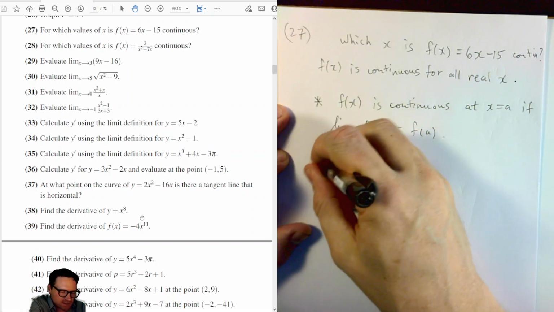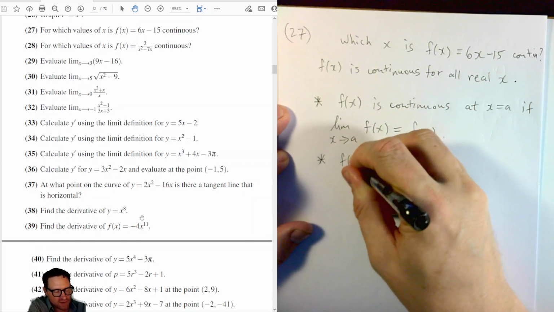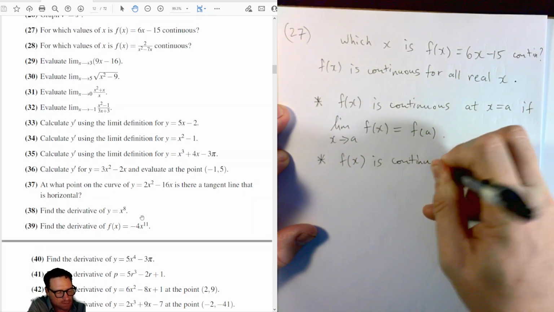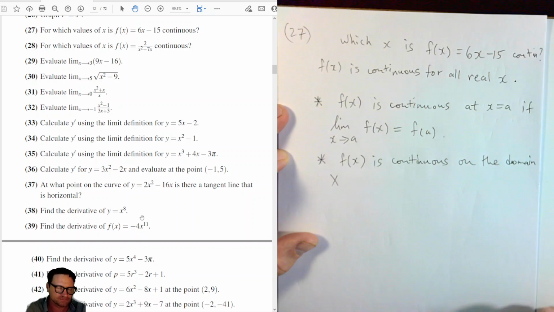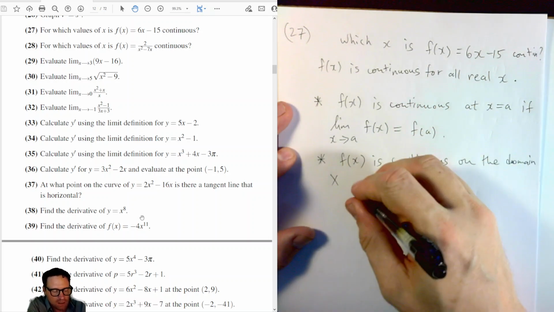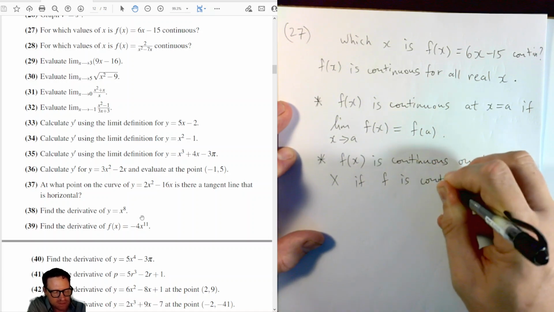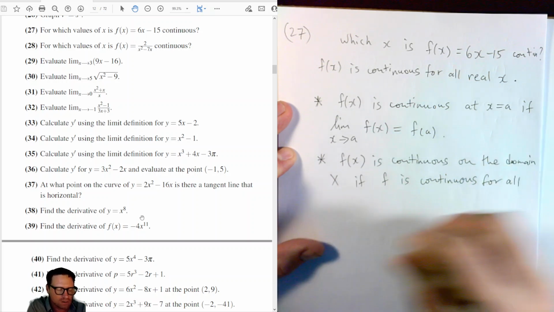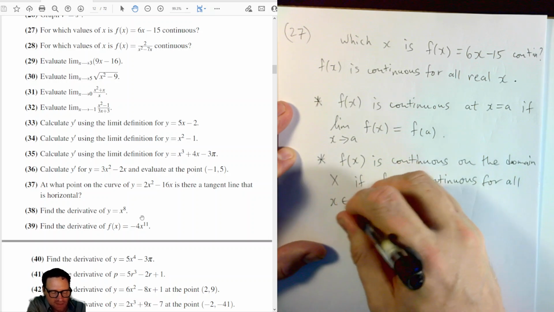Okay, and then our second dot point, f of x is continuous on the domain x if f is continuous for all x in that domain.